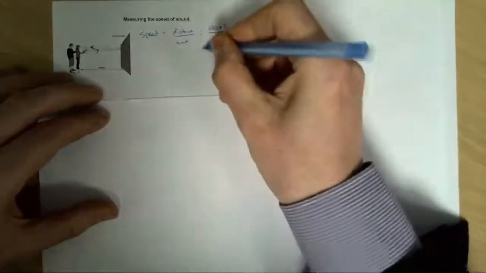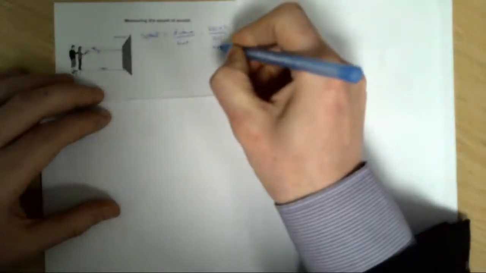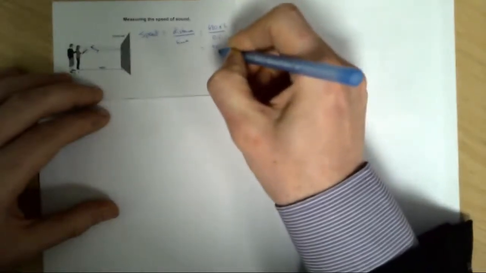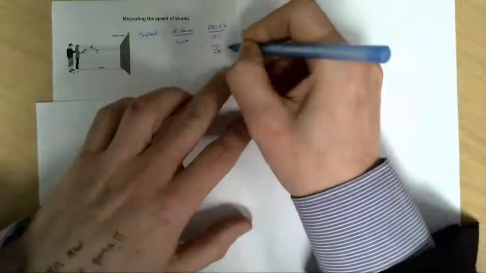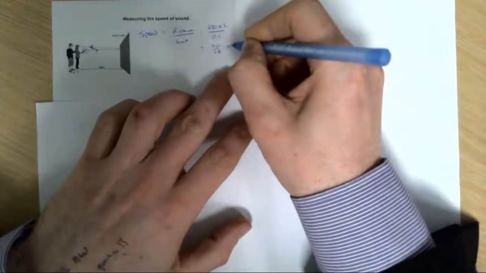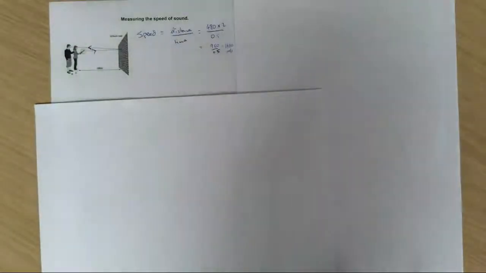So that would be 960 divided by 0.5, which would be 1920 meters per second.